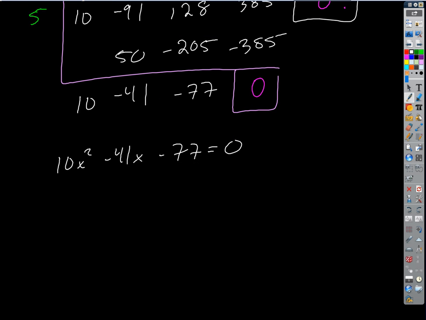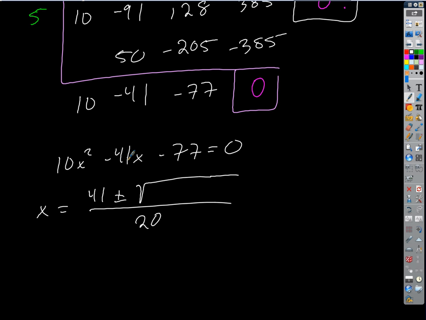So to solve that, we would just say x equals negative b plus or minus the square root of b squared minus 4ac, divided by 2a. I know that part. So what's 41 squared?